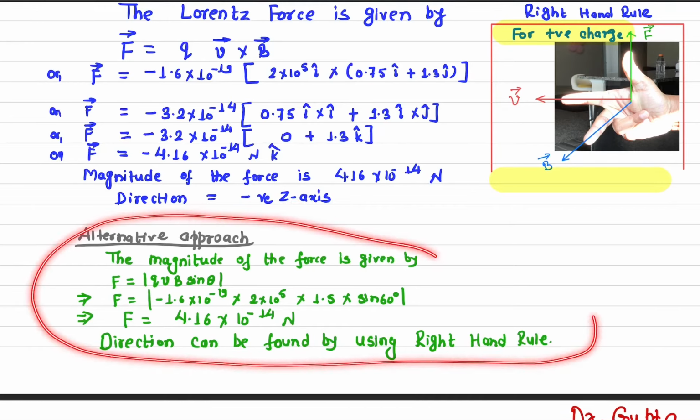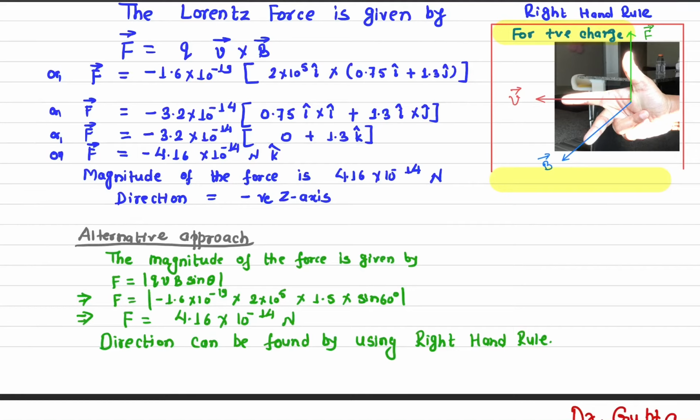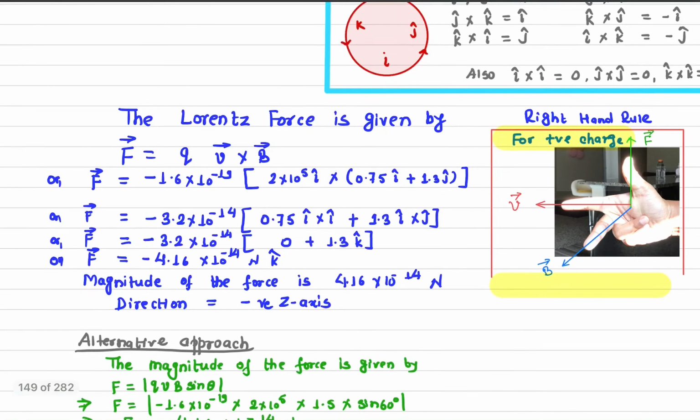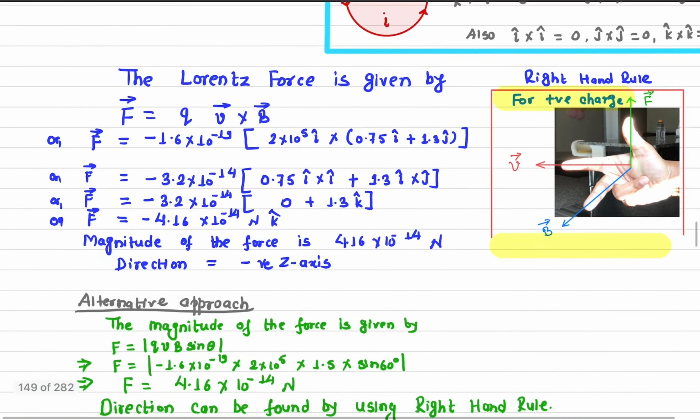This approach works really well when you have to find the magnitude of the force, but to find the direction, the right hand rule can sometimes be a little complicated. It's not hard, but using the vector approach, you can find the direction rather easily. So I recommend doing both approaches. If you need only the magnitude, use this way, and if you need both magnitude and direction, then use the vector approach.